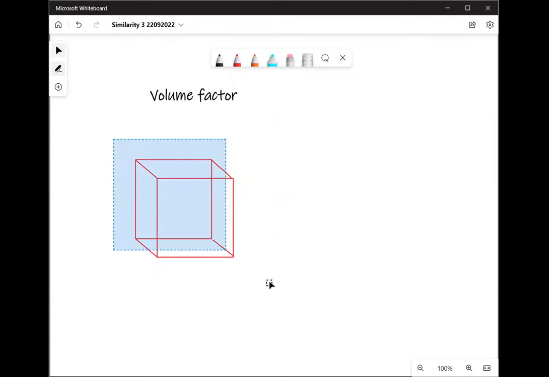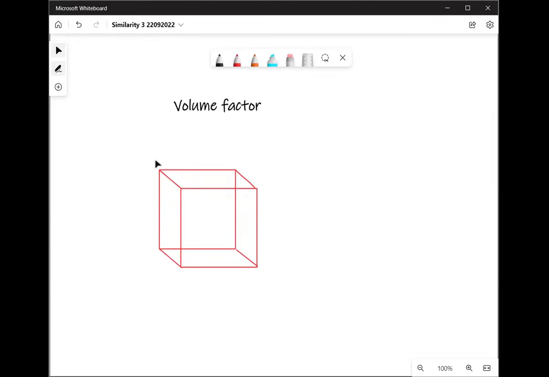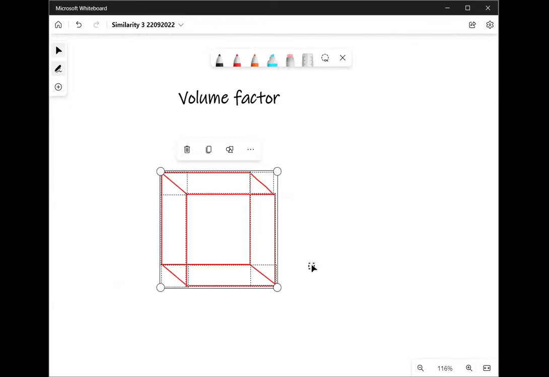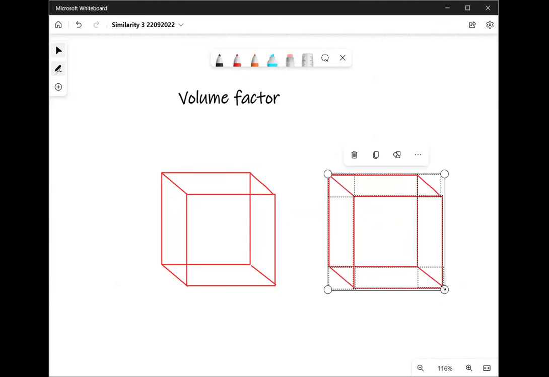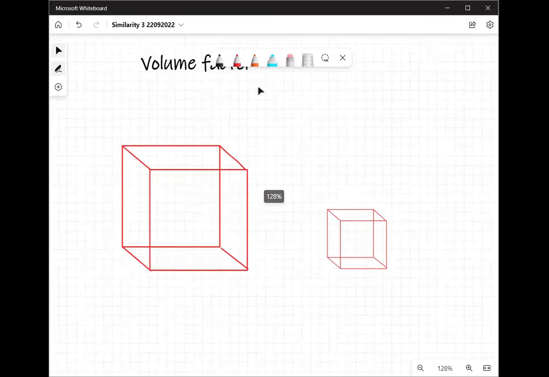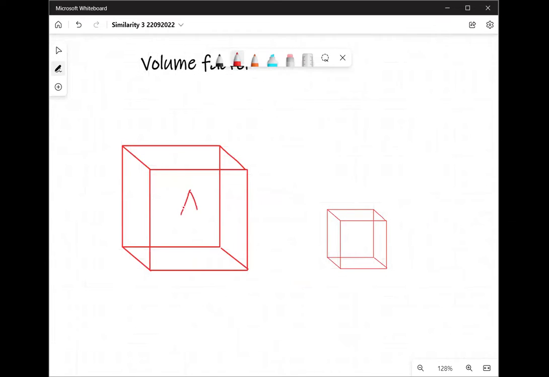Right, that's a cube right here. Now this cube has a few sides to it. Okay, now we have two shapes right here. One of them is smaller, the other one is bigger. I'm going to call this one A, this one B.